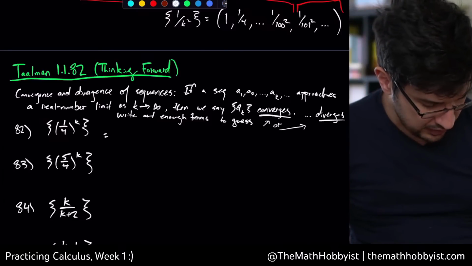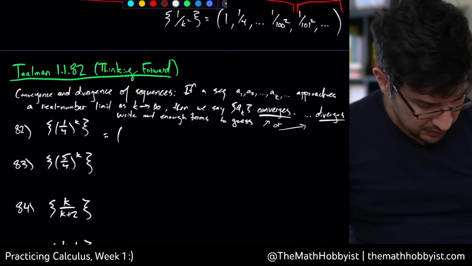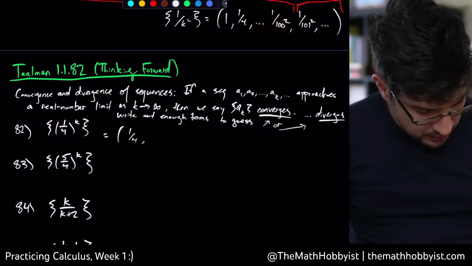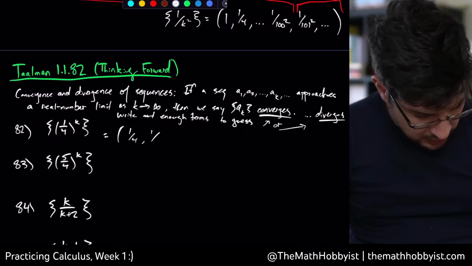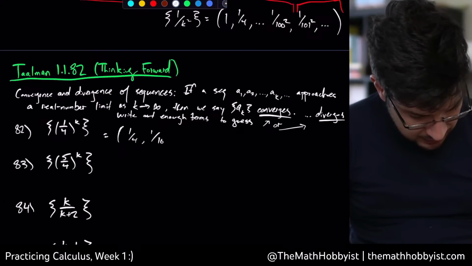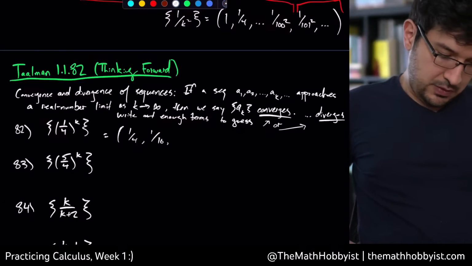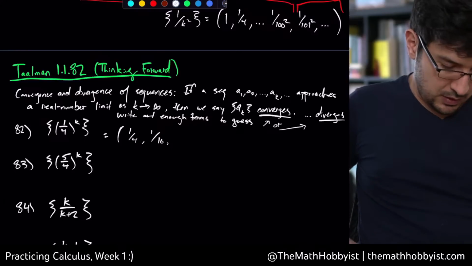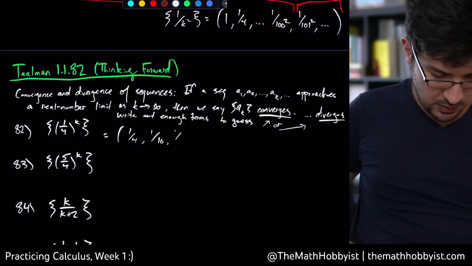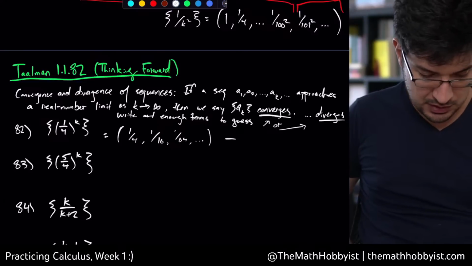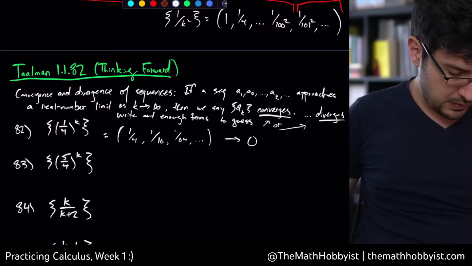So this sequence is going to be the sequence 1/4, 1/16, right? 1/4, 1/16. What is 4 cubed? 64. Okay, I feel very confident that this is going to tend to 0.